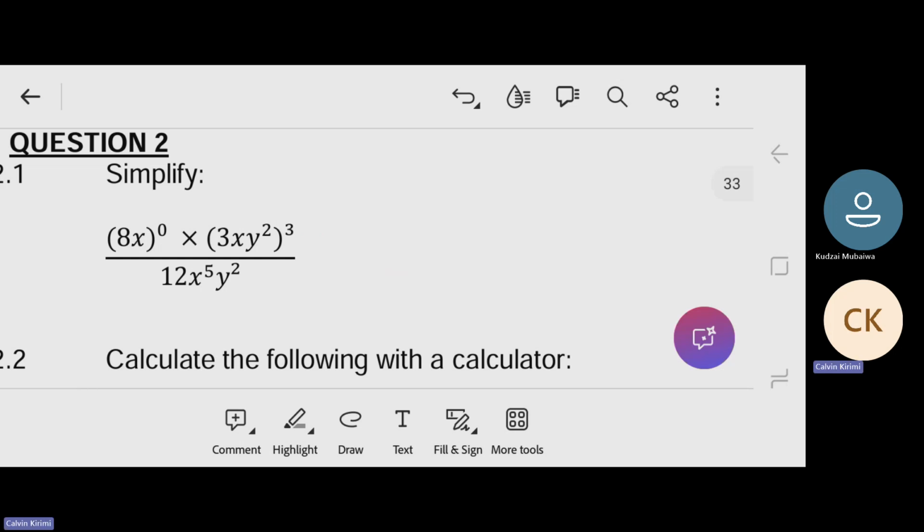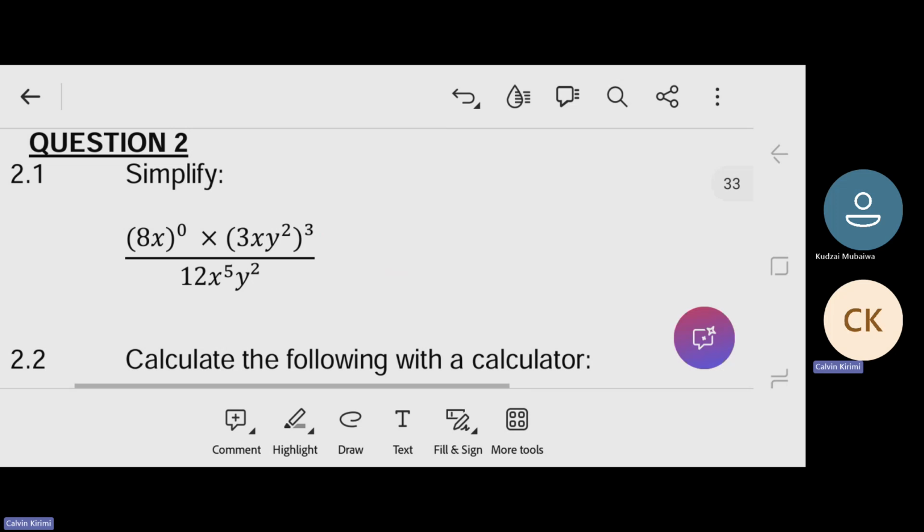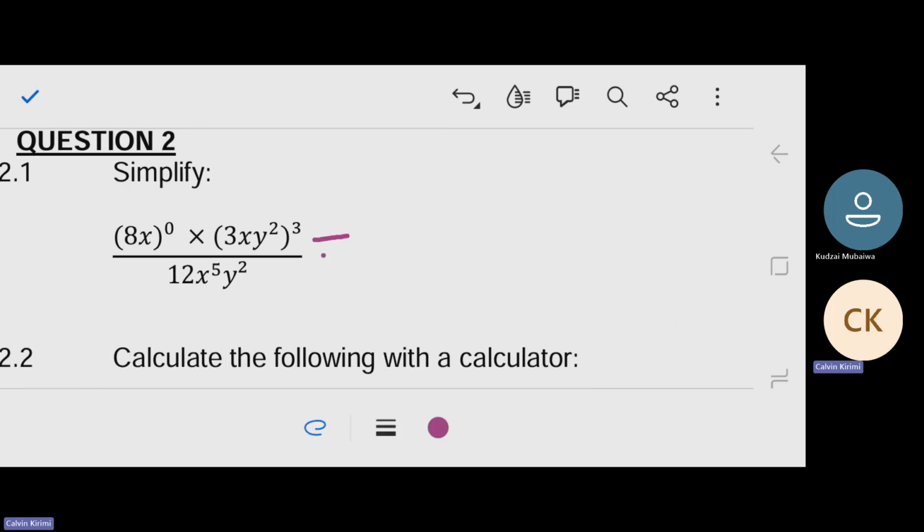But whenever you see equals to, it's now an equation, equals to 5, so the first thing is to multiply this side by the denominator, and you also multiply that side by the denominator. But because it's not an equation, they are simplifying, so there's no need to multiply both sides by the denominator. You only do it on an equation. Yes, sir. Okay. So let's simplify. It's equals to what? Can I please quickly write it down? Okay.